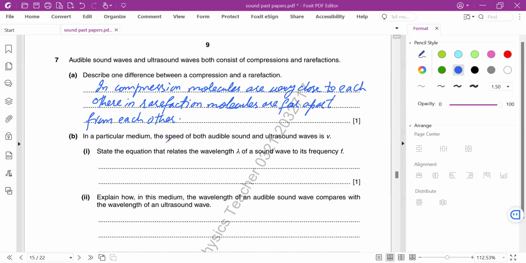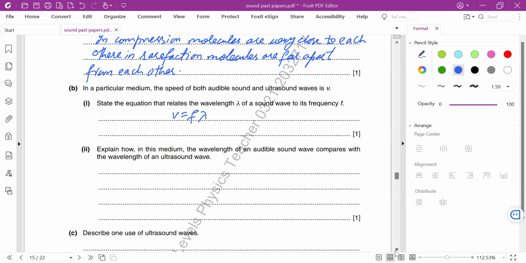In a particular medium, the speed of audible sound and ultrasound wave is v. State the equation that relates the wavelength of a sound wave to its frequency. v is equal to f lambda. Explain how, in this medium, the wavelength of audible sound compares with the wavelength of ultrasound.